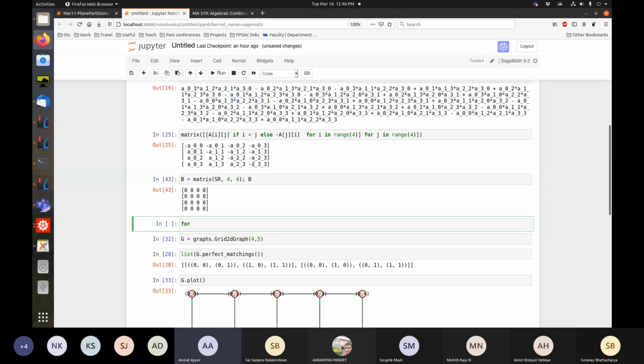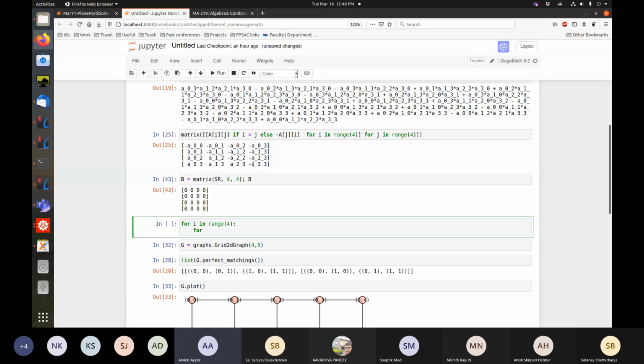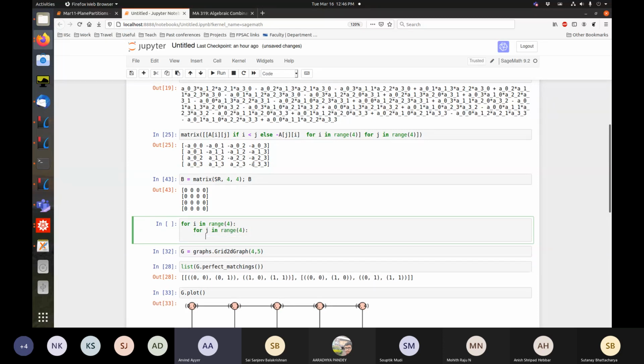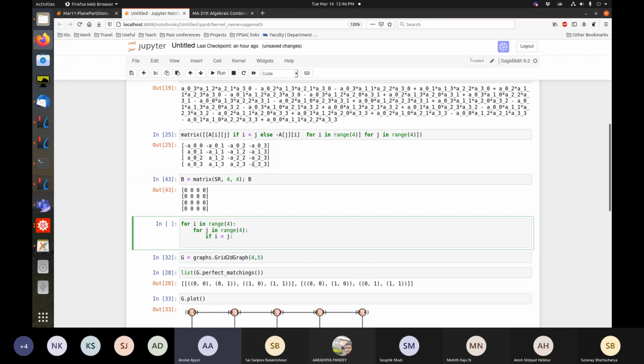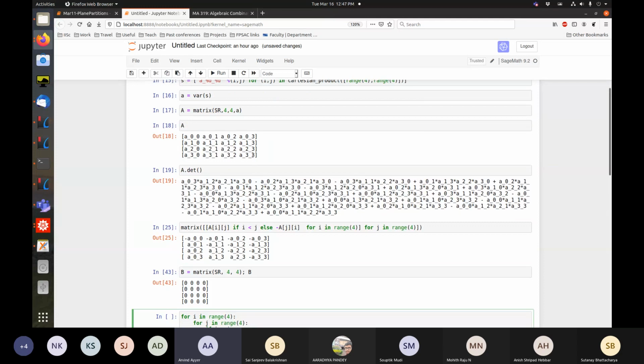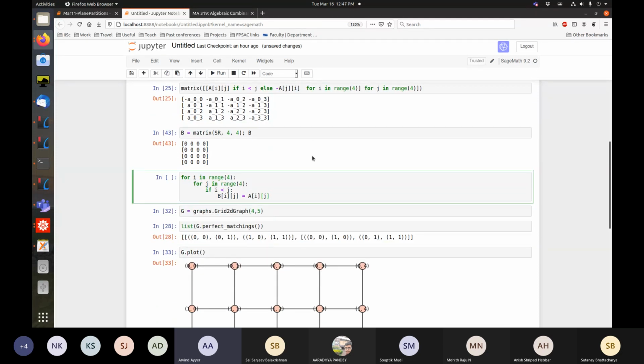So for i in range 4, for j in range 4, if i is less than j, then B of i j is equal to A of i j. So A is this matrix already.